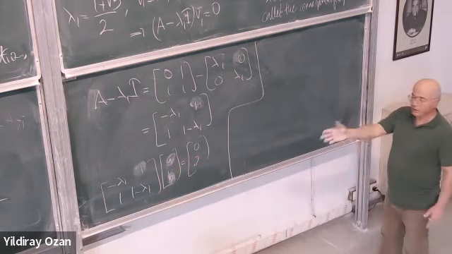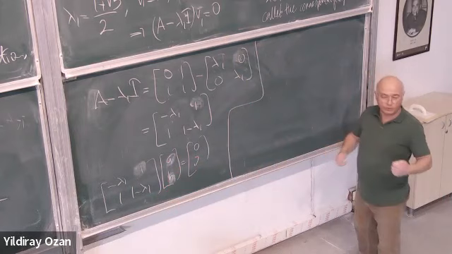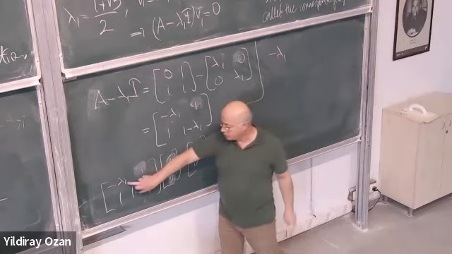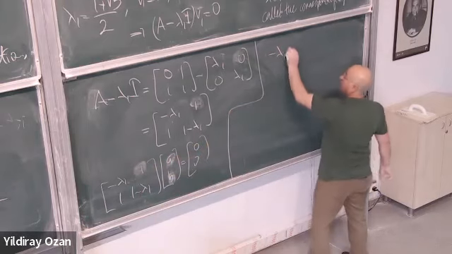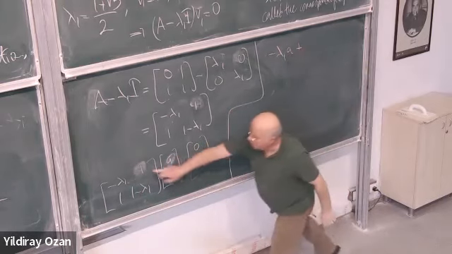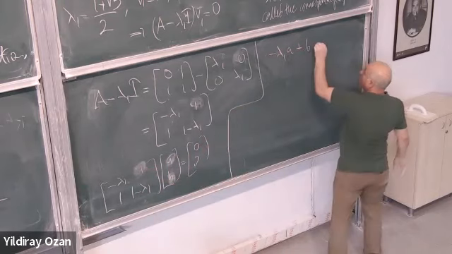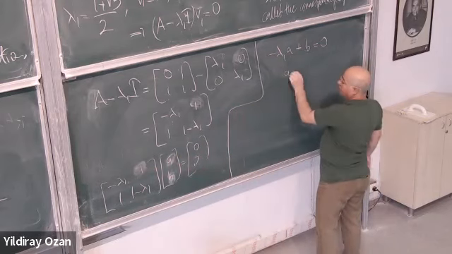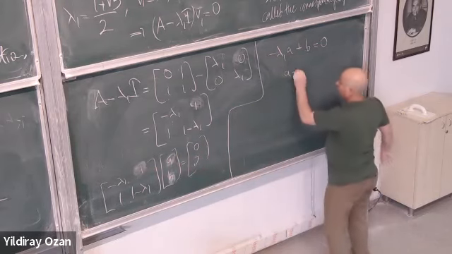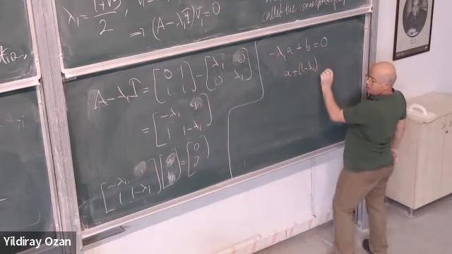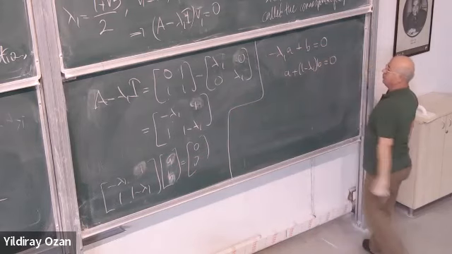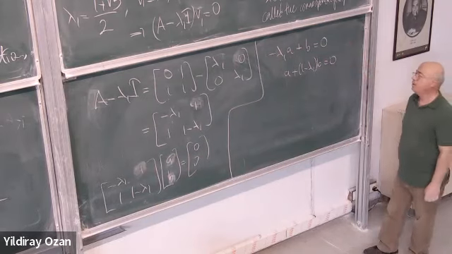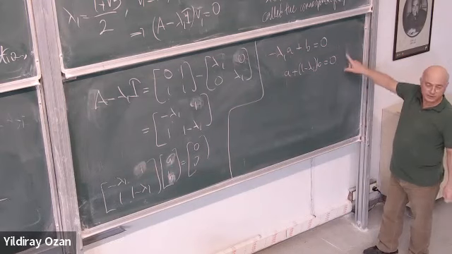The only other way we know, we just by hand try to solve it. So minus lambda 1 times a plus b equals 0. And then a plus 1 minus lambda 1 times b equals 0. I have two equations and two unknowns, but actually these equations are the same.